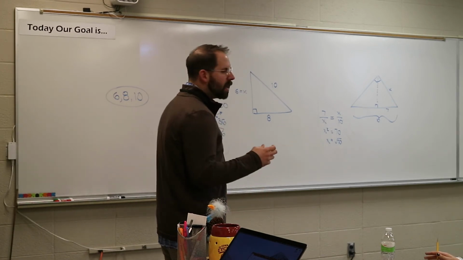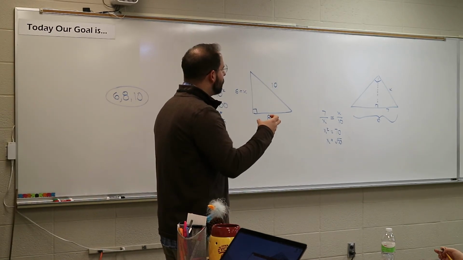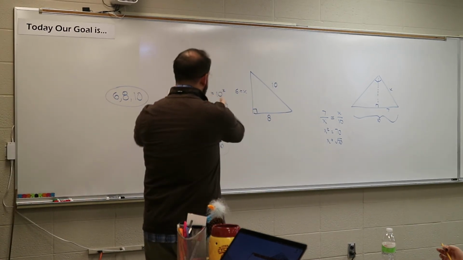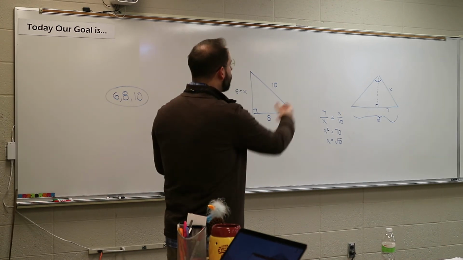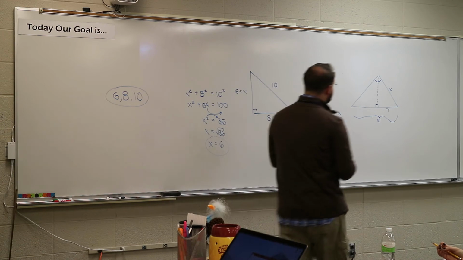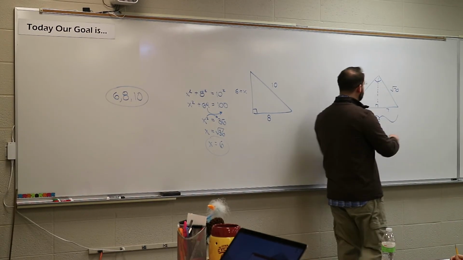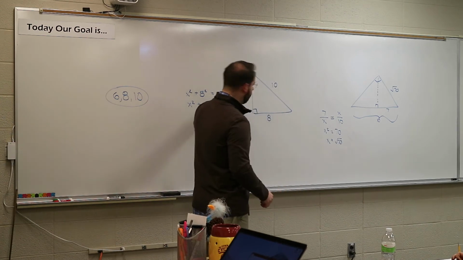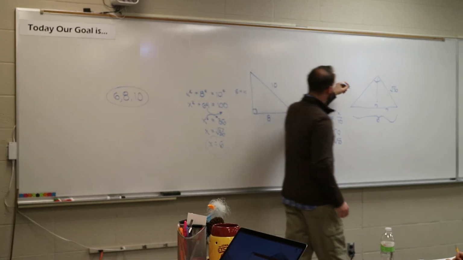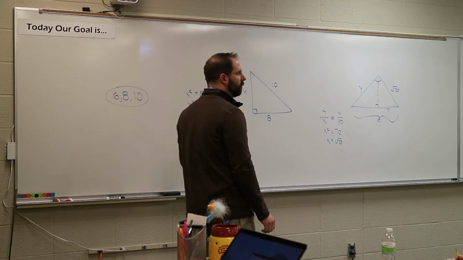Now, the thing I didn't tell you is that if we had had this Pythagorean theorem before we did this previous homework, now that we know that this x is the square root of 70, you could have actually used this formula to find this guy, the y. You wouldn't have to use the leg formula again.